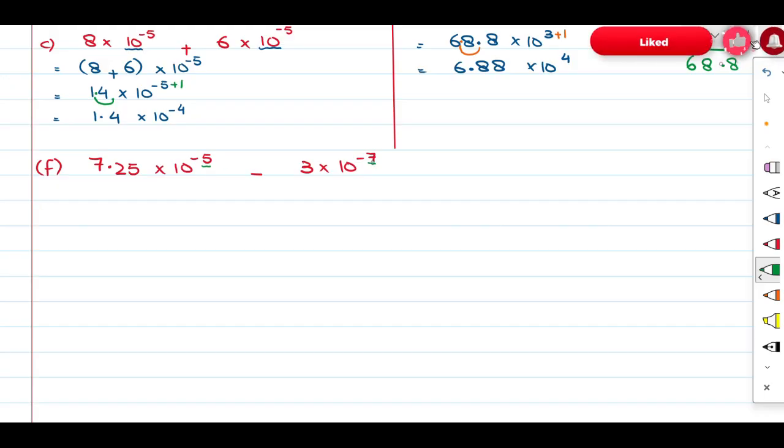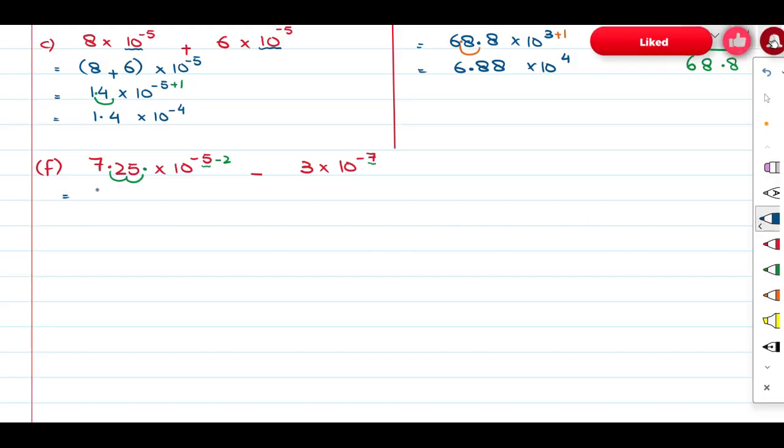Okay, so you can add 2 to make minus 5, or you can subtract 2 to make minus 7 over here, right? So if I subtract 2 in the power, it means we have to move 2 units to the right. So 1 unit and 2 units, the decimal point is over here, right?